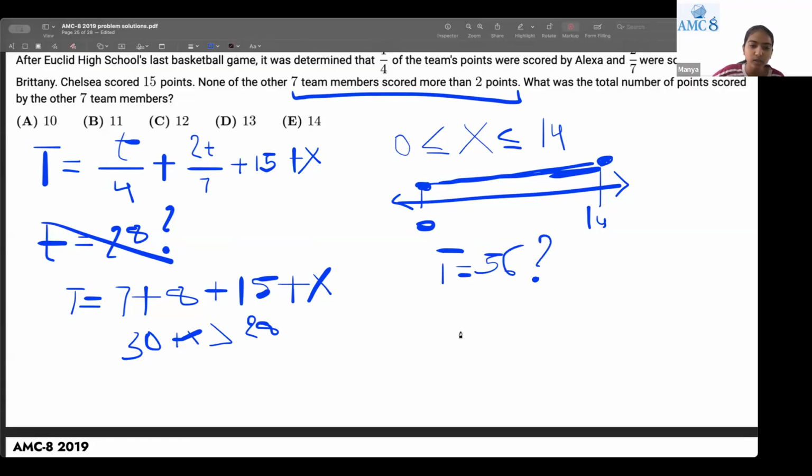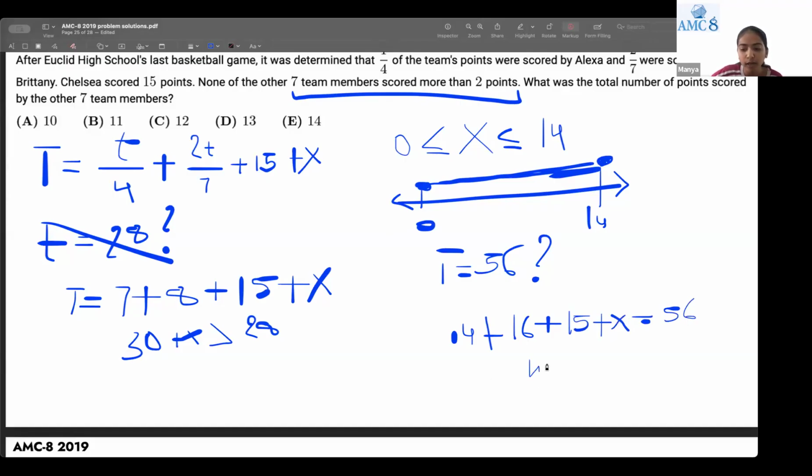So then if t is equal to 56, then t by 4 is equal to 14. 14 plus 2t by 7 is equal to 16, plus 15. I'm just substituting the value of t right here. Plus x is equal to 56.